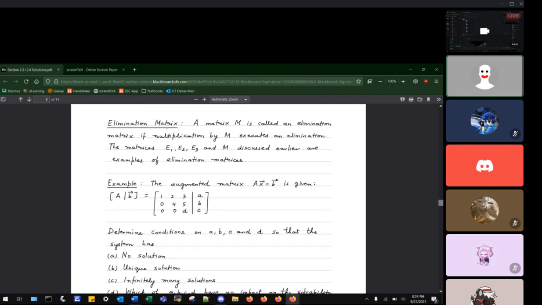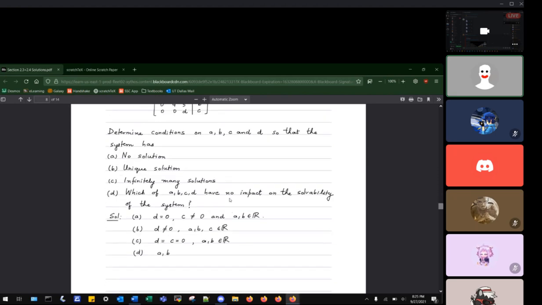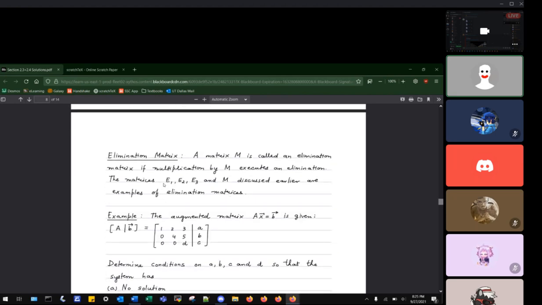The elimination matrix is what you get when you multiply M, the matrix for a system of equations, by it, such that the answer is in upper triangular form. So in our case, we're going to call them E1, E2, E3.